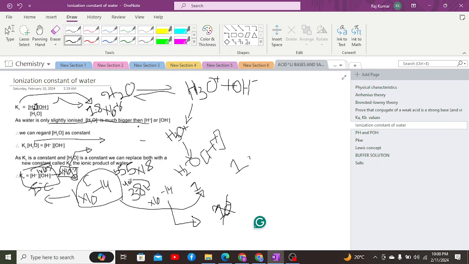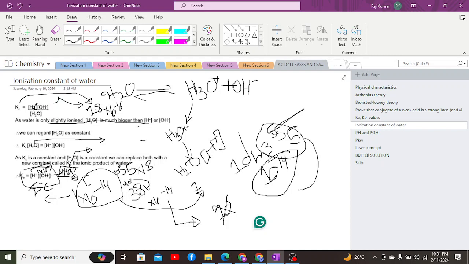Out of 1 decimeter cube of water, only 10 to the power minus 14 molecules are dissociated into H3O and OH. Or in other words, out of 55.5 moles of water, only 10 to the power minus 14 molecules are dissociated into H3O and OH ions.